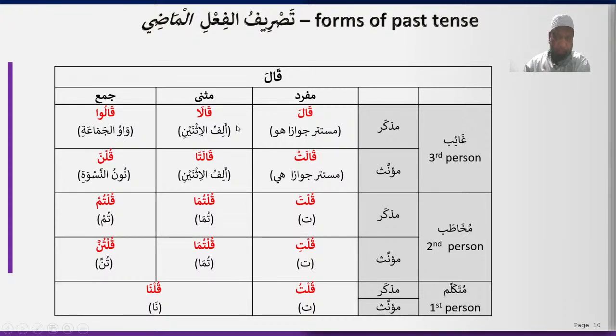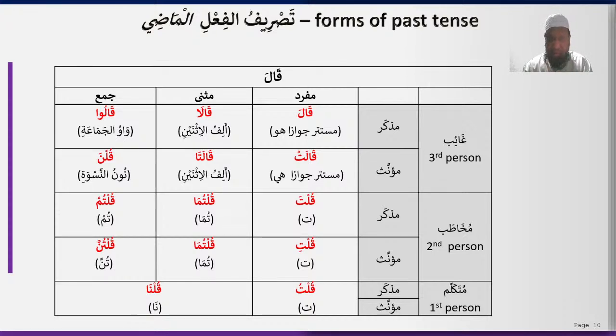And here are the fa'il. For قال and قالت, the fa'il is جوازا هو, because for these two sigas the fa'il can be ism ظاهر, but for the rest of the sigas the fa'il is always the dhamir. They can never have a fa'il ism ظاهر. If we have a fa'il ism ظاهر, then we have to bring the fi'l from mudhakkar قال, or from muannas قالت.